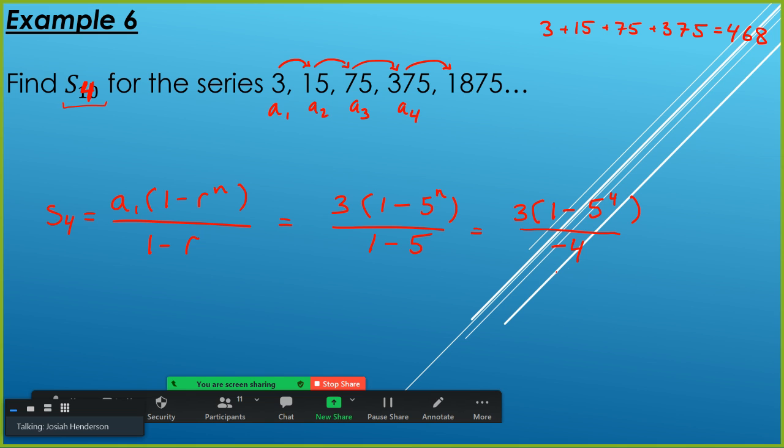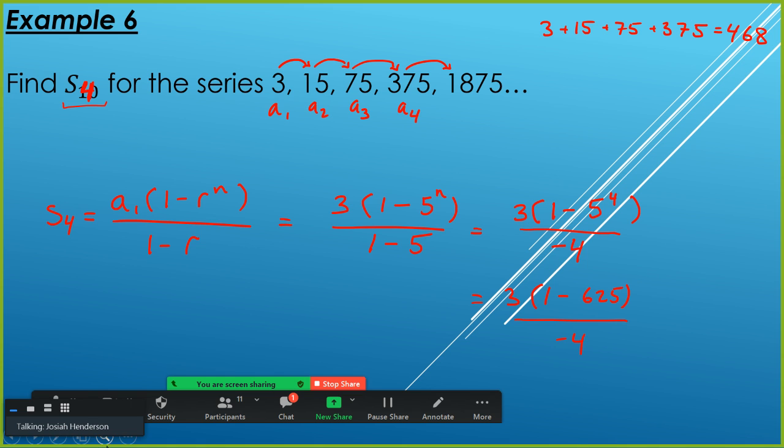Okay, now let's practice simplifying the exponent and the parentheses and all that. Always do your exponents first if they are in a problem. So 5 to the 4th power, let's figure out what that is. 625. 1 minus 625.